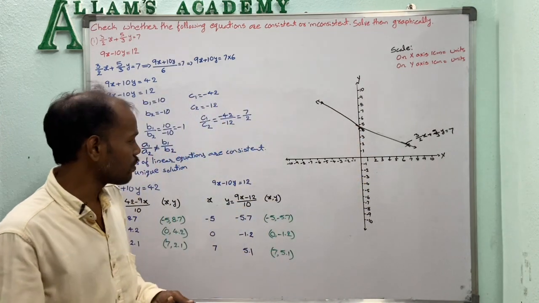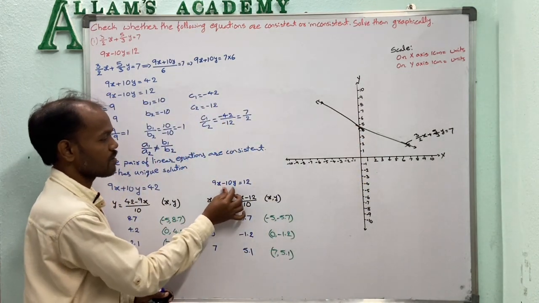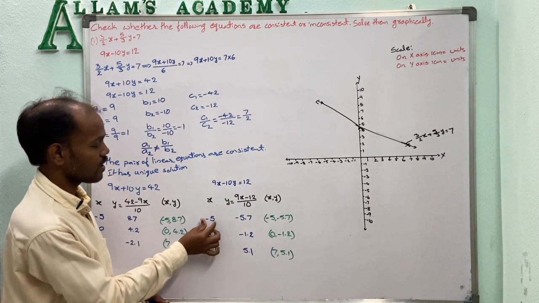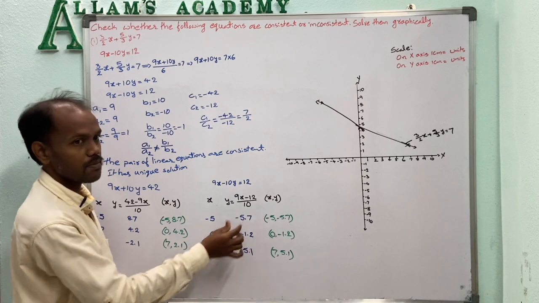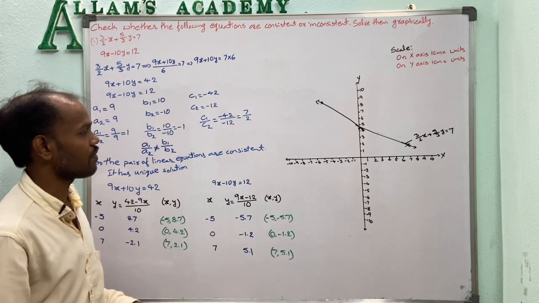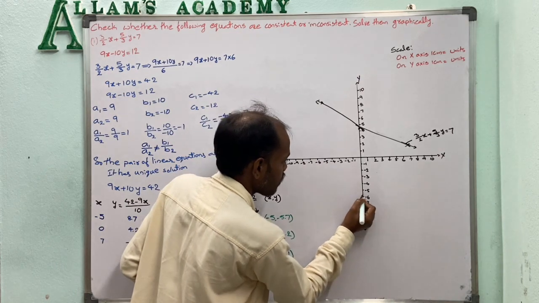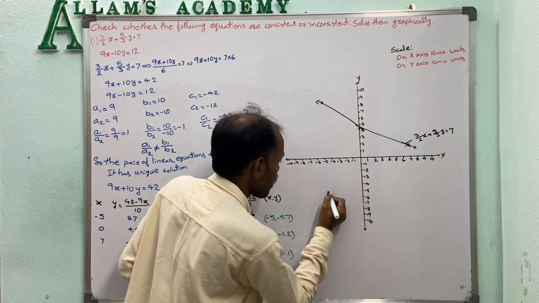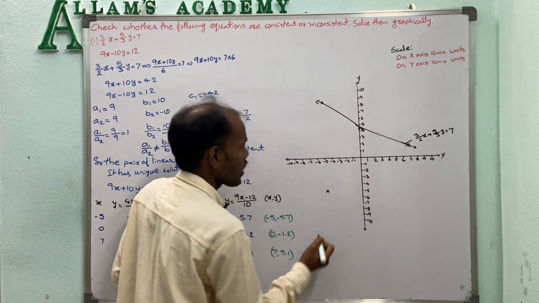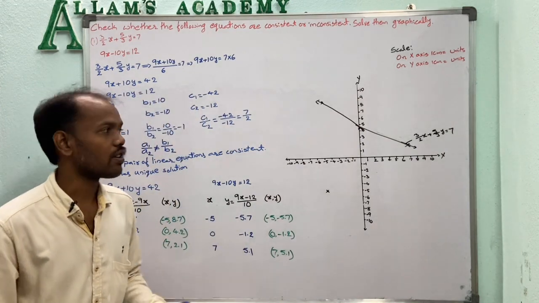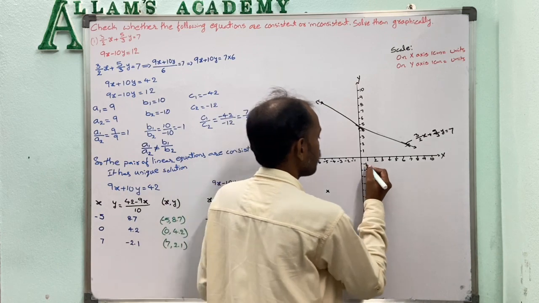Now the second pair of linear equations, 9x minus 10y equals 12, we observe. For x equals minus 5, its corresponding y coordinate is minus 5.7. Next, for 0, its corresponding y coordinate is minus 1.2.